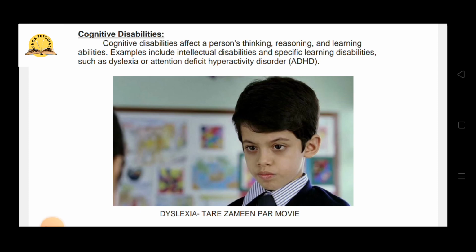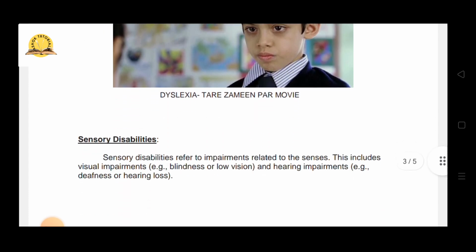So what is this? This is attention deficit hyperactivity disorder. The child is very active, hyperactive, with lots of energy. He doesn't want to sit quietly in a single place. He wants to move around. He's hyperactive and not able to sit. So this is also a kind of disability which we call ADHD, right? Let's see the next one.